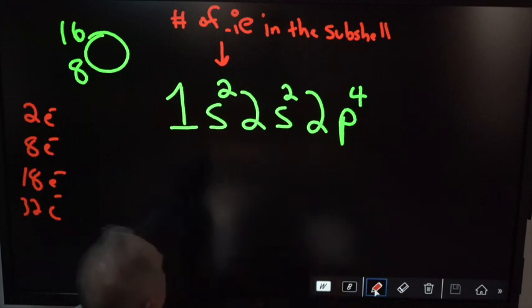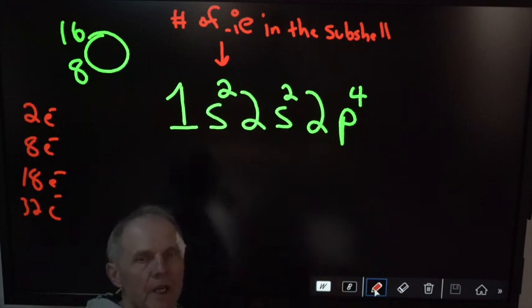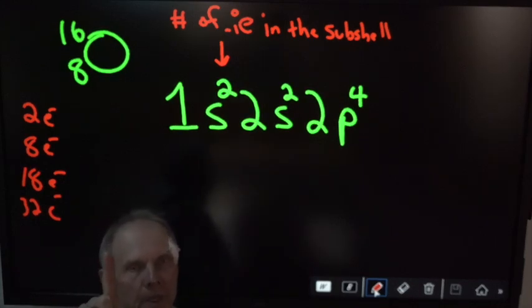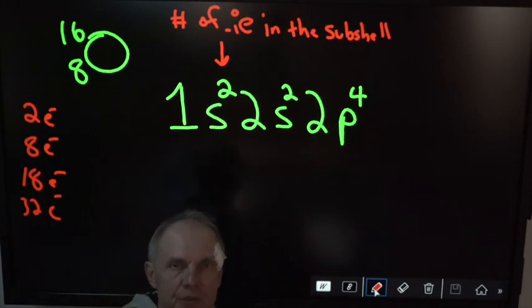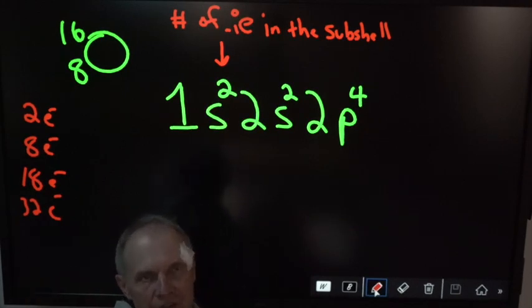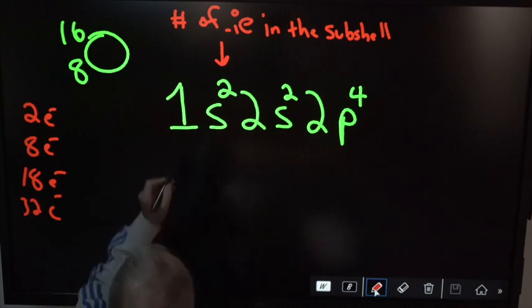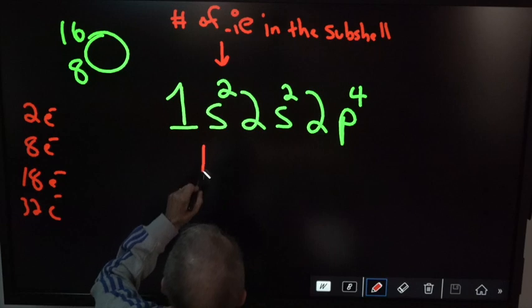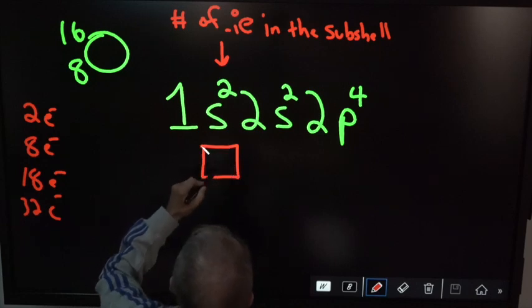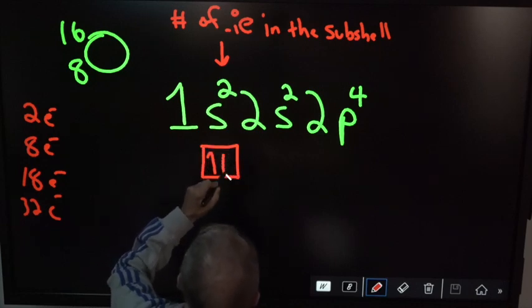All right, S has 2 electrons. It can have 1 orbital. Remember, S has 1 orbital, P has 3, D has 5, F has 7. So S has 1 orbital. So I'm going to draw it like this. I'm going to draw a square, and 1 arrow up and 1 arrow down.